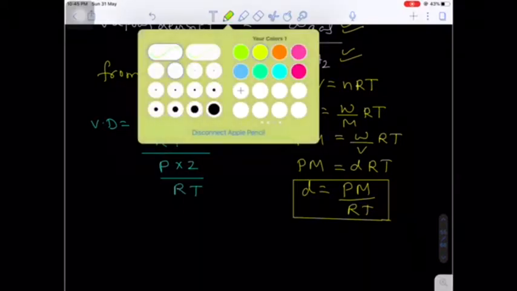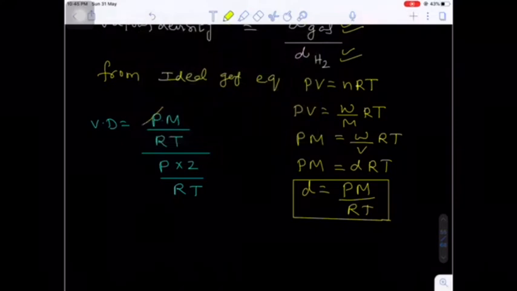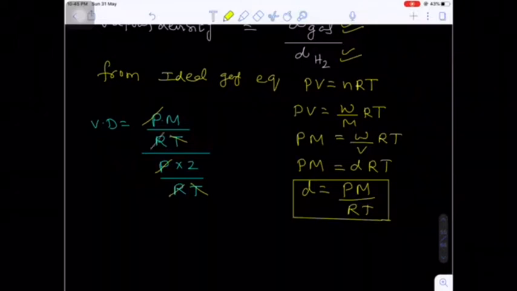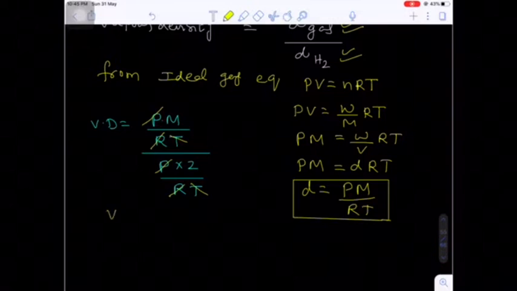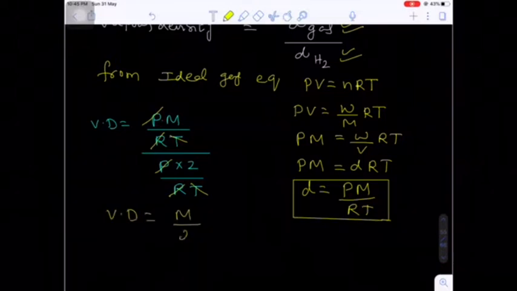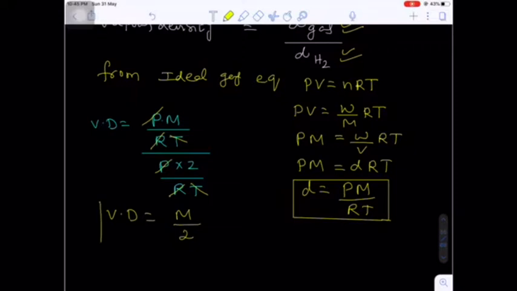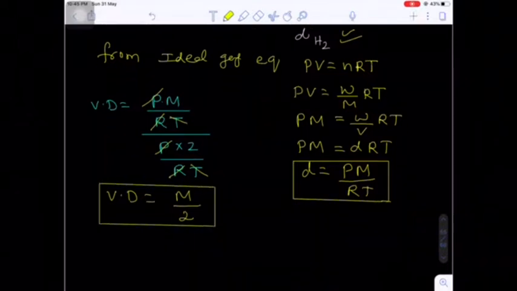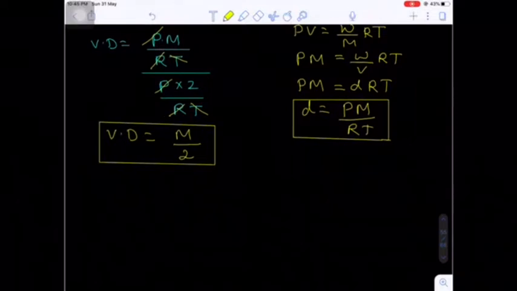Do you know the molecular weight of hydrogen gas? It is 2. In both cases, same temperature and same pressure, so temperature gets cancelled, and R, being a gas constant, is also cancelled. So finally, vapor density will be equal to molecular weight upon 2. This is a very useful relation between the vapor density and molar mass.